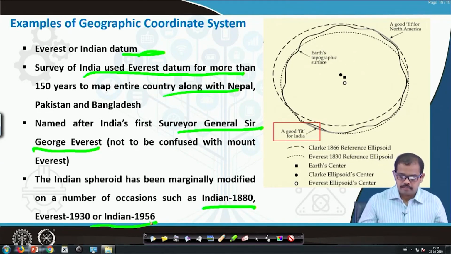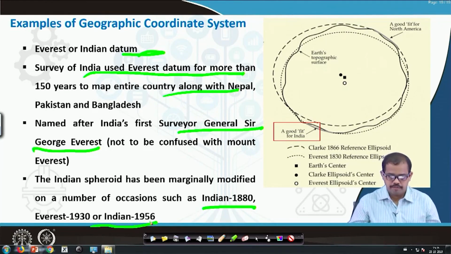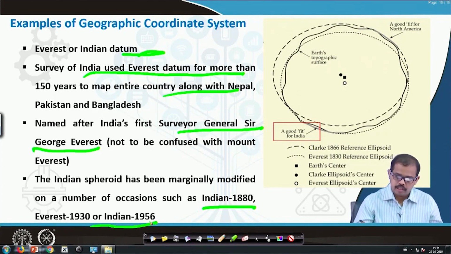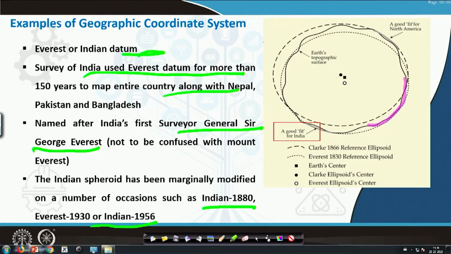Now, whatever we saw in WGS 84, there is a small change when we look at the Indian system. What is that change? If you take this as the Earth's surface, and this is your geoid, something like this, this is the one for Everest.